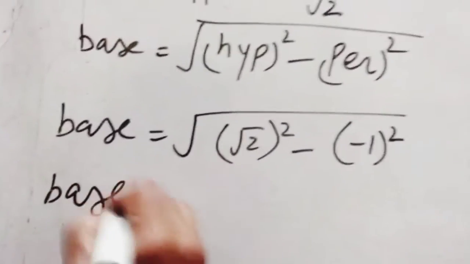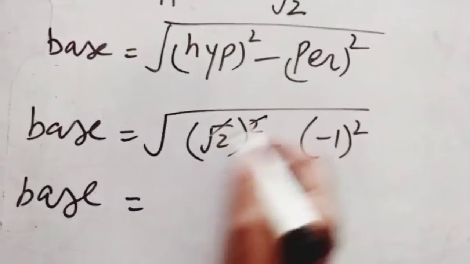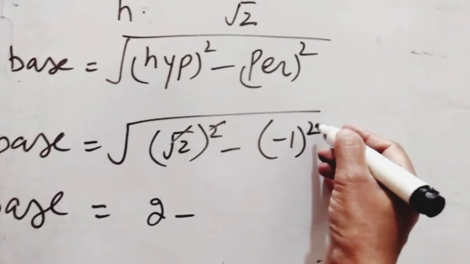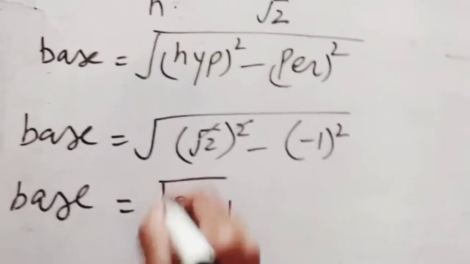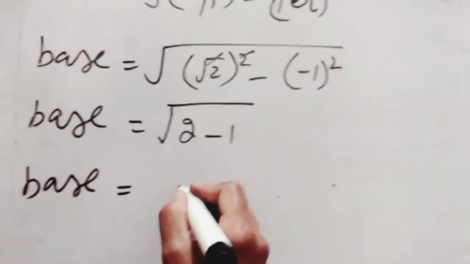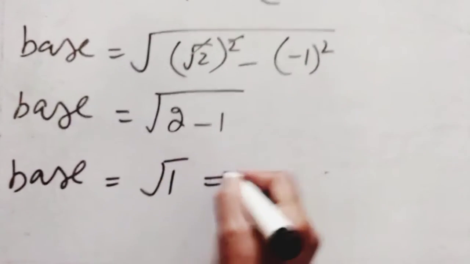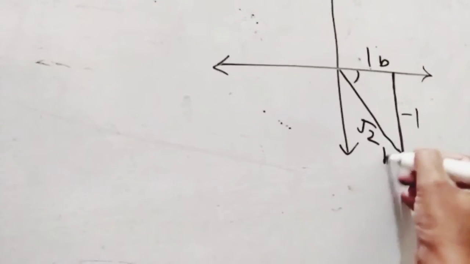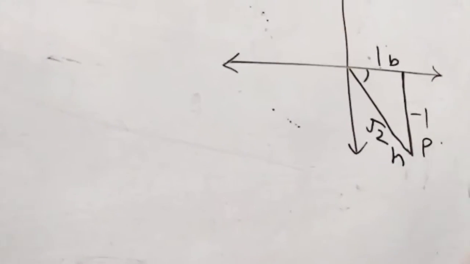The root will be cancelled by the square, so 2 minus 1, the minus changed into plus, equals 1. So base is equal to the square root of 1, which is 1. Base is also 1. Now this is the base, hypotenuse and perpendicular.